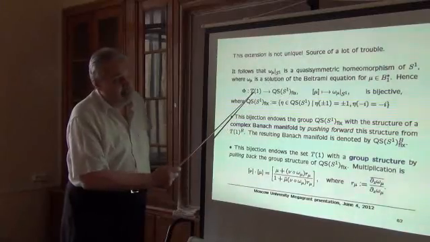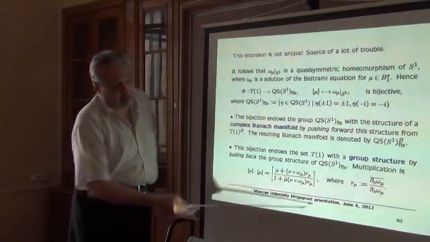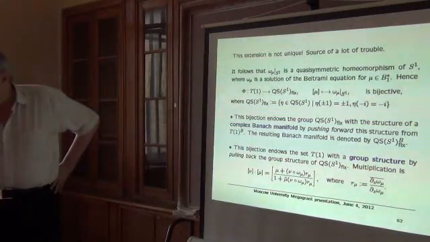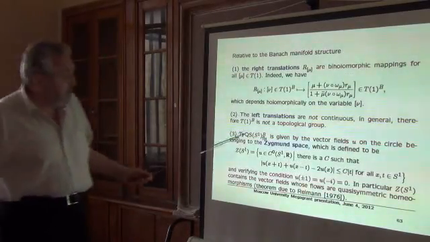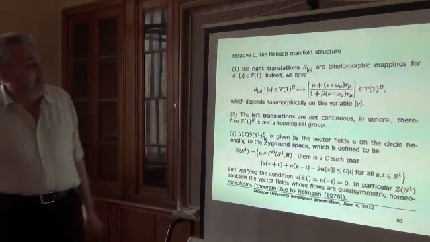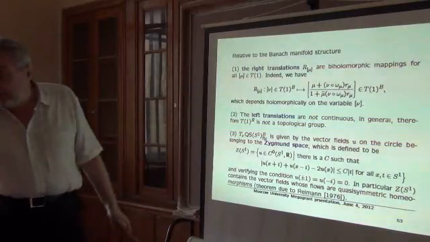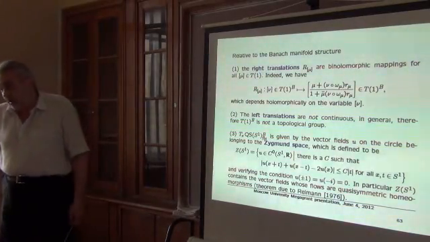On the other hand, this becomes a group, right? And this is the multiplication in the group. And it's a terrible thing because you have to solve the PDE in order to write the multiplication down. But then we have seen several things: the right translation was in fact biholomorphic, but left translation was not even continuous. So this is worse than the diffeomorphism group.